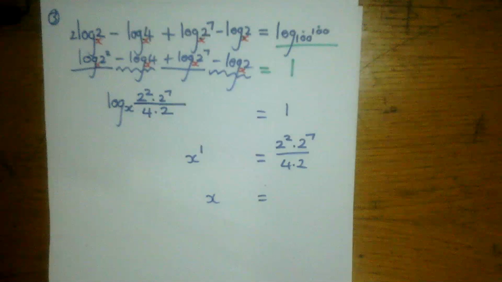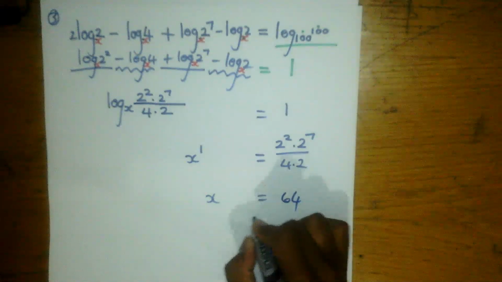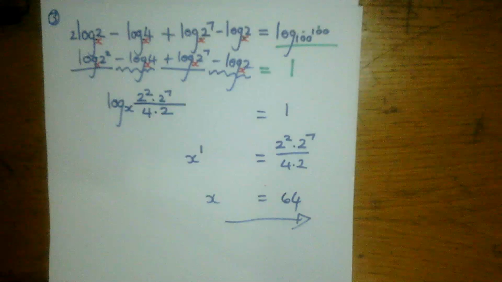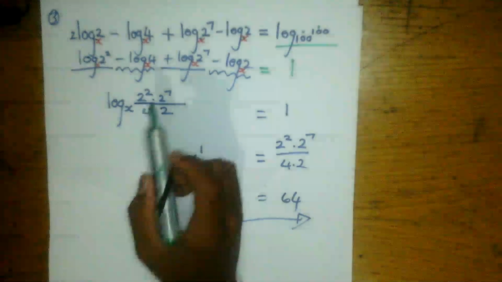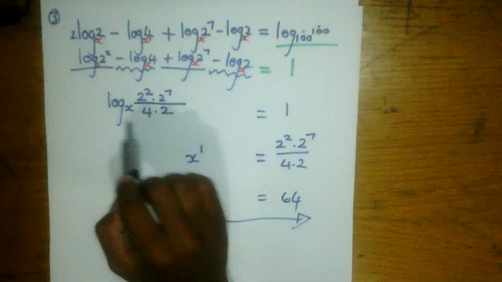So what you're left with in the calculator is 64. I'm just trying to get you to practice rules 6 and 7, where we change this into this.